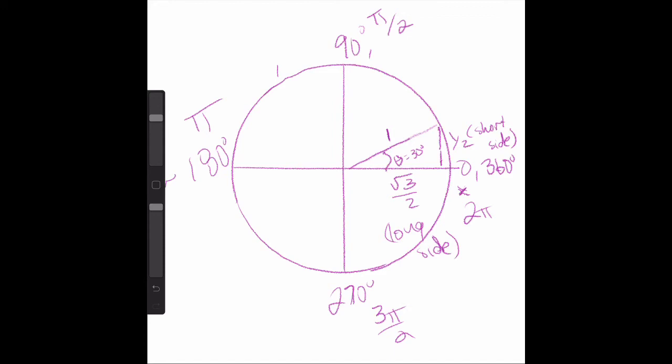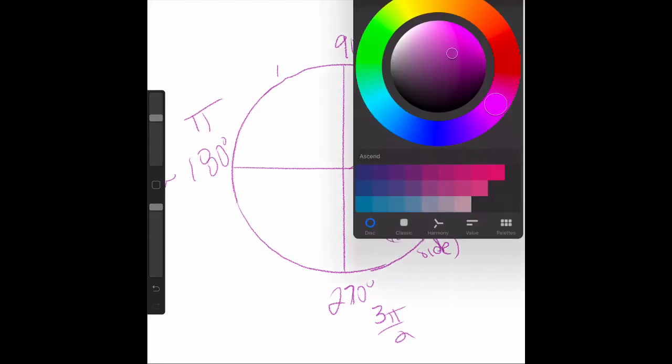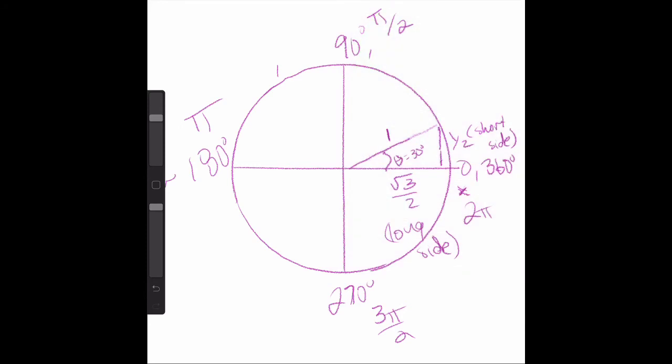Okay, drawing a 60-degree in the same way. Put in your theta, 60 degrees. Now, notice for a 60 degree in the first quadrant, my short side and long side will be interchanged.